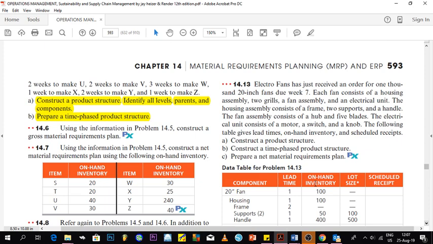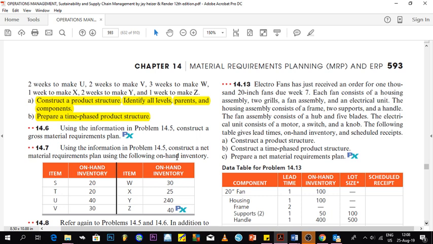Now we'll go straight to question 14.7, which says that using the information in problem 14.1, construct a net requirement plan using the on-hand inventory. Before going to the net requirement plan, I'm going to put a small comment on the difference between the gross and the net requirement plan.